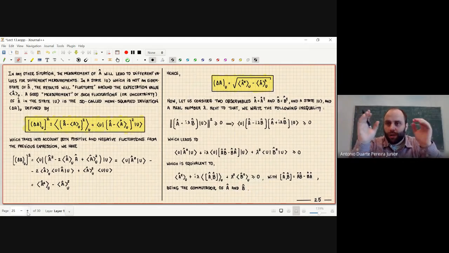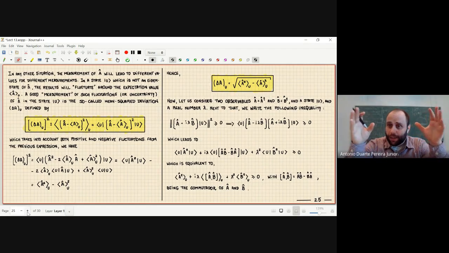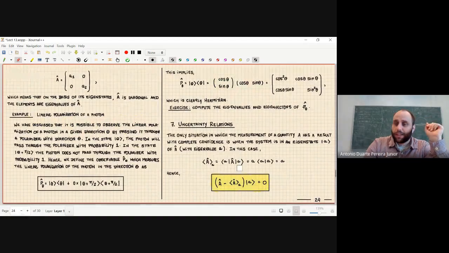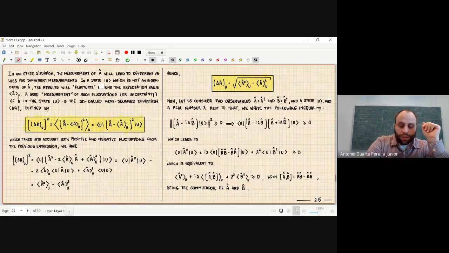Now, if I prepare my system in a state which is not the eigenstate |a⟩, so now I have a system, and this is not in the eigenstate |a⟩. It's in a state which I call |u⟩.